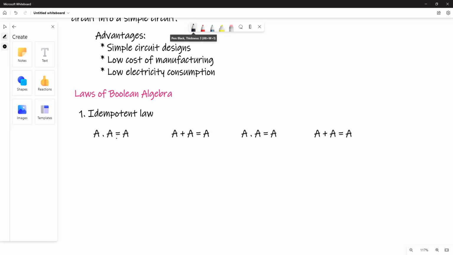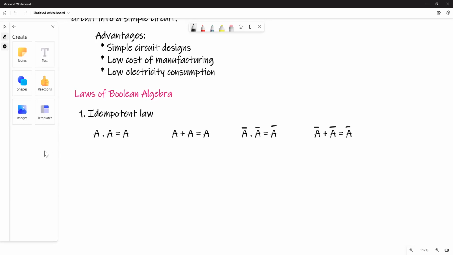A dot A, that means Boolean multiplication with the same variable, you get the same variable. Boolean addition, you will get the same. If you have complement A bar, you will get A bar. And complement of addition, you will get A bar. So these are the four things.